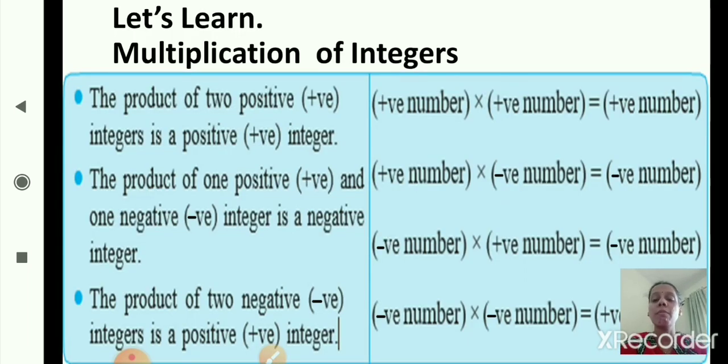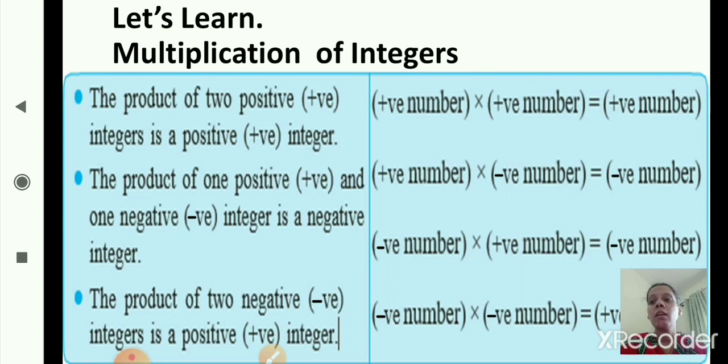These are the rules of multiplication of integers. You will learn these rules, you will revise these rules, because from these rules a question can come in the exam for fill in the blanks and for true or false. For example, in the fill in the blanks we can ask: the product of two positive integers is a dash integer. So you will click on the correct answer.